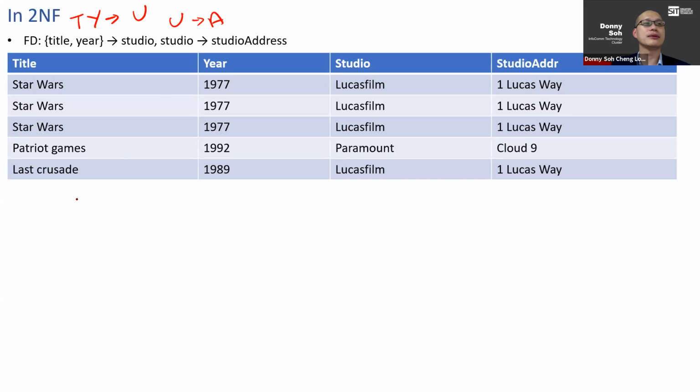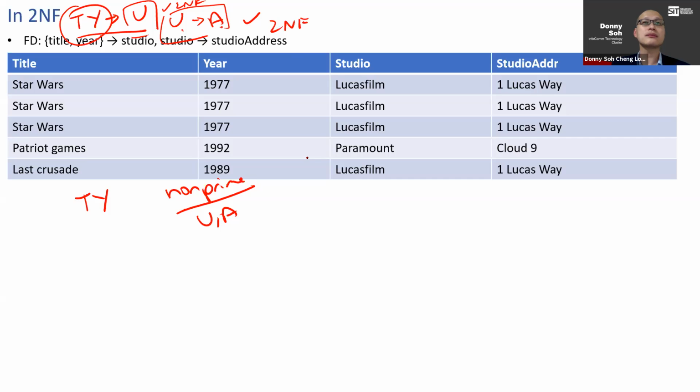My primary key in this scenario is T, Y, and my non-prime attributes are U and A. In this case, TY implies U, the non-prime is dependent on the entire candidate key, so this passes 2NF. In this functional dependency, a non-prime is dependent on another non-prime, so this also passes 2NF. So this table is in 2NF.